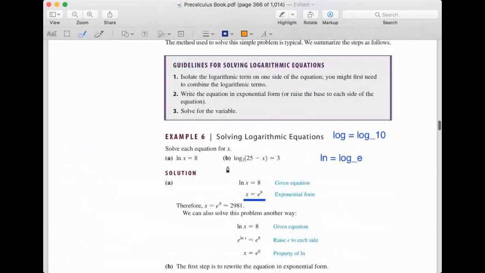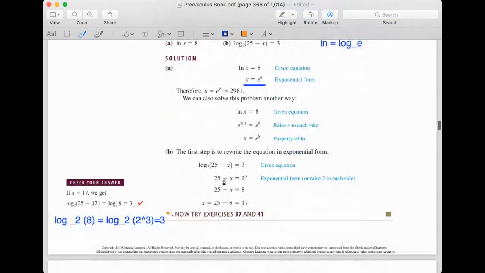Let's see the second one. The second one is log base 2 of 25 minus x equals 3. We can rewrite it as 2 raised to 3 equals 25 minus x.